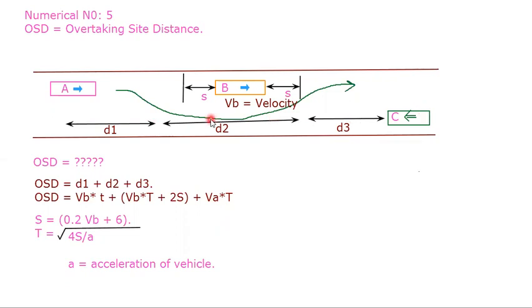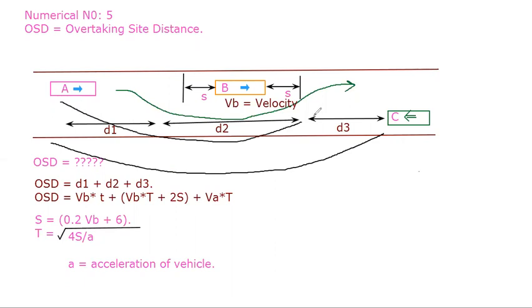We also have to design the overtaking sight distance on curves. If a horizontal curve is there, then for this type of curved road also, we have to design the overtaking sight distance, in which the visibility is low. In such a case, your overtaking sight distance should be more.